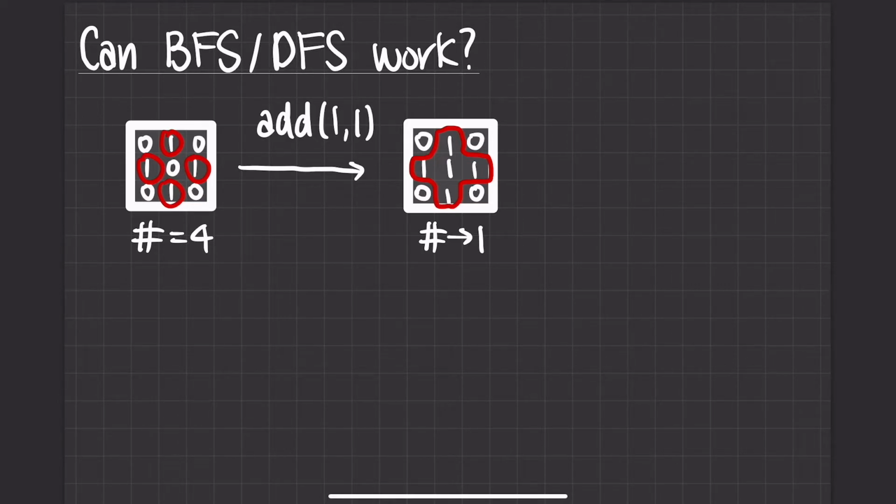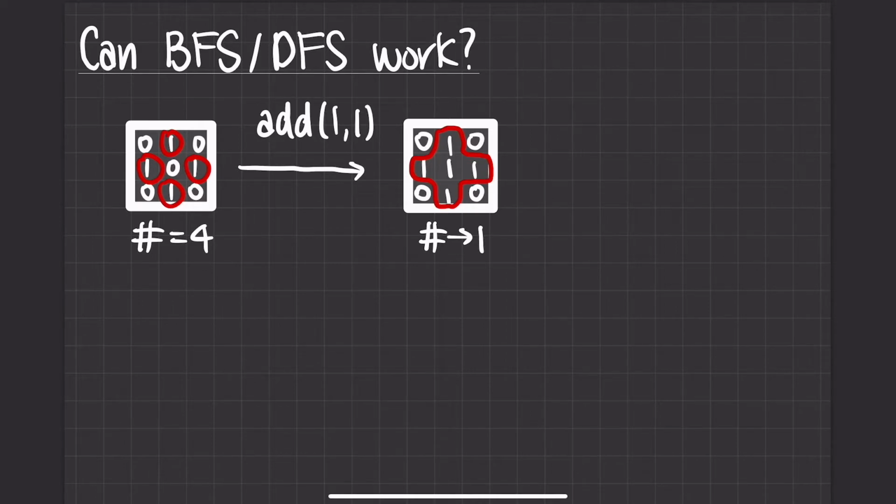This means that because we cannot strictly increase or remain the same with the number of islands as the positions change, or as we increase the number of land plots added in, we can't use BFS or DFS, as the number of total islands can range anywhere from decreasing by 3 all the way to increasing by 1. It could be anywhere in between.